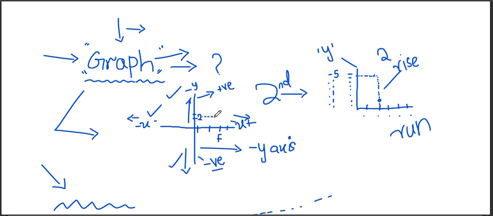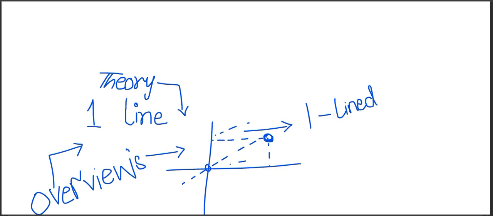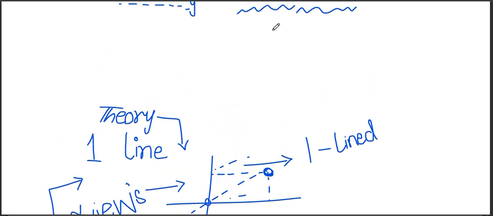Just go on a run and rise the point from here. This particular graphical representation is known as a graph of run and rise, or you can say a two line graph.